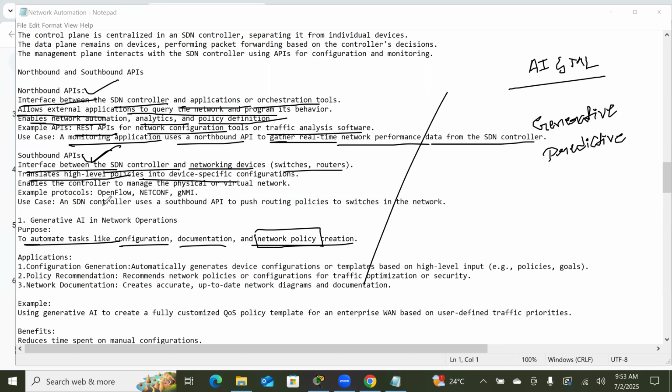We use protocols like OpenFlow, NETCONF, or gNMI here, just to convert that high-level language into the configurations. So it enables the controllers to manage physical or virtual networks. Where can we use this? An SDN controller uses a southbound API to push routing policies to switches in the network.